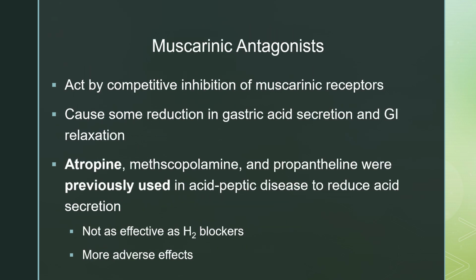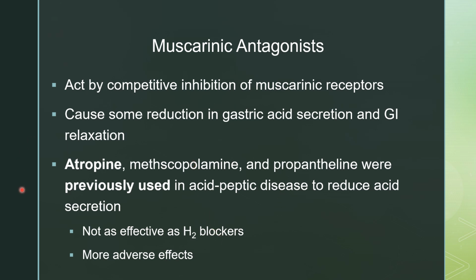Now after your H2 blockers, we go to your muscarinic antagonists. Your muscarinic antagonists act by competitive inhibition of the muscarinic receptors. And they can cause some reduction in gastric acid secretion and GI relaxation.